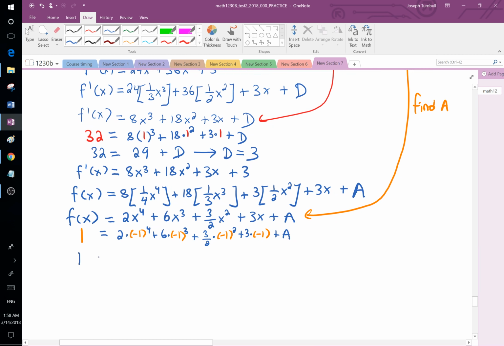And clean up. 2 minus 6 plus 3 over 2 minus 3 plus a. Okay, 1 equals 2 minus 6, so minus 4, and then minus 3 is negative 7, plus 3 over 2 plus a.